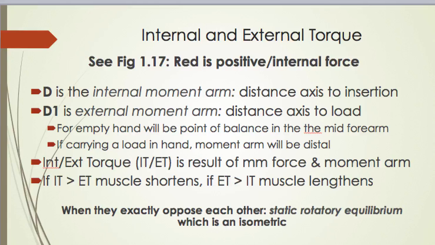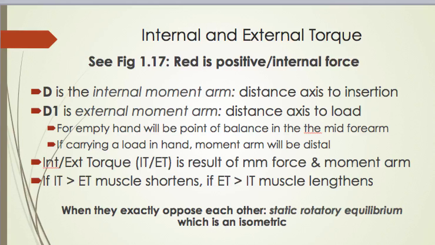Okay, we have an empty hand, so the point of balance within the mid-forearm is D1, or the external moment arm. That's the distance from the axis of rotation at the elbow to the midpoint, or the balance point within the forearm, right? Now, if we're carrying a load in the hand, that moment arm will become increasingly distal, right?